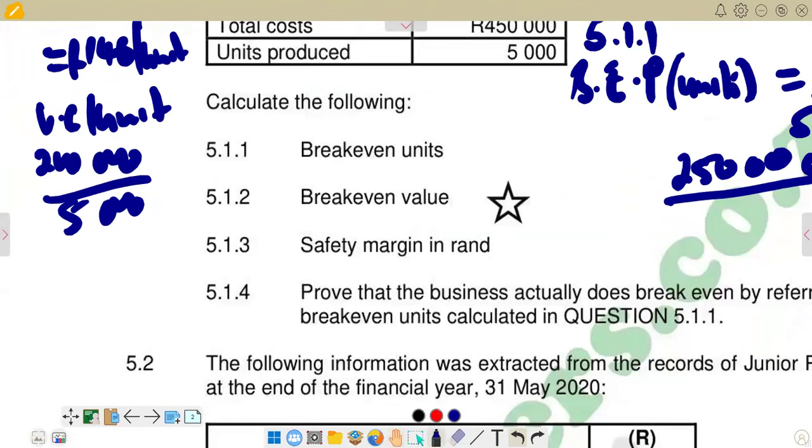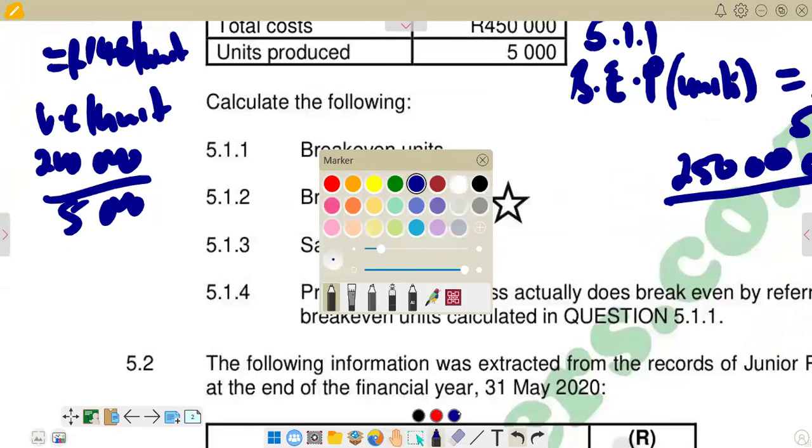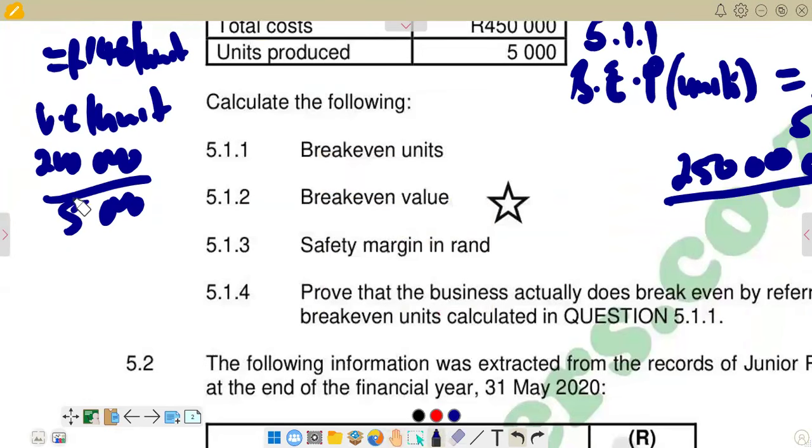If you divide there, you get 40 rand per unit. So we now know that our selling price per unit is 140 and our variable cost per unit is 40 rand. These are the figures we are going to use.